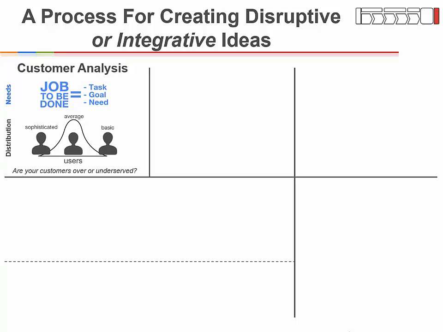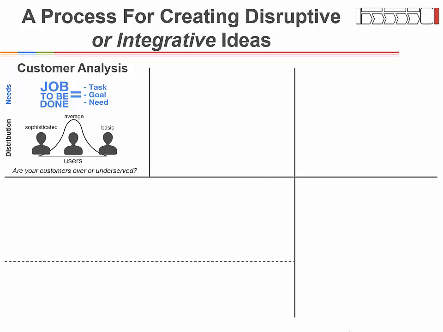And the best tool I've found for that is the Jobs to be Done framework, coupled with the idea that there's a distribution of customers and their needs. Not all needs for the job are the same, but the job itself is the same. And so the first question is, are your customers overserved or are they underserved?